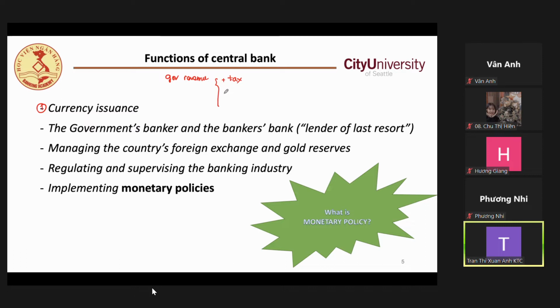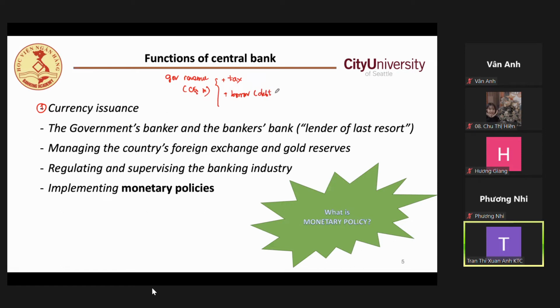The other way the government can get money, or the cash flows of the government, besides tax: they can borrow money, or they can use debt.